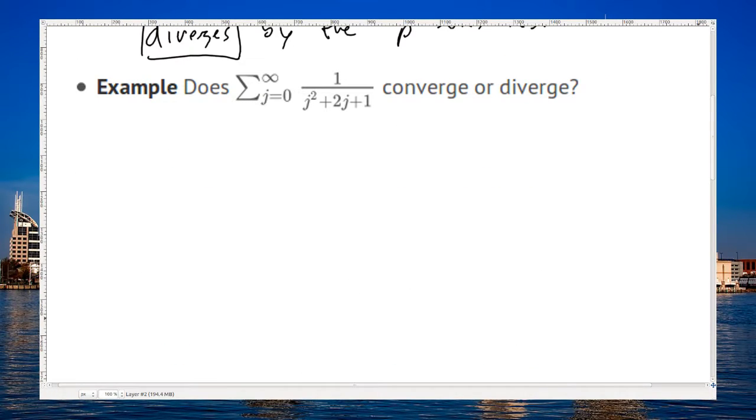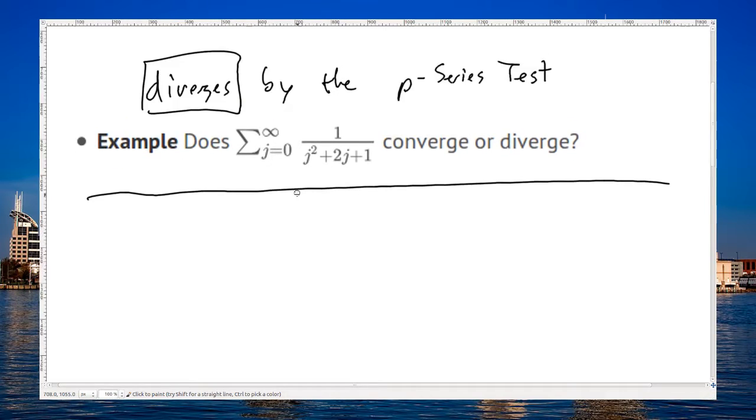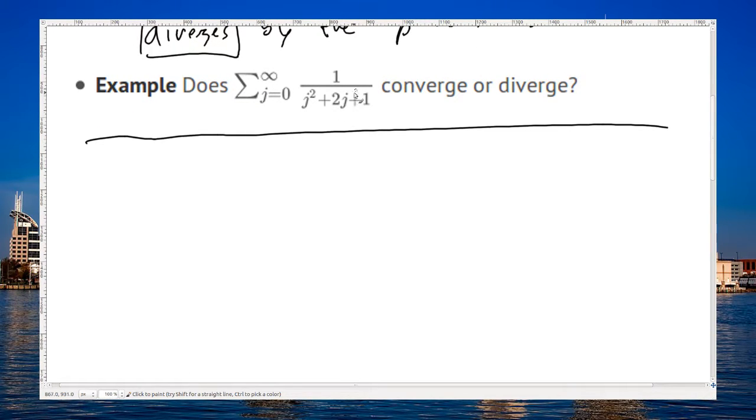Does this guy converge or does it diverge? Okay, well, I don't really recognize this as a p-series, and I don't think there's any way I can get it to look exactly like a p-series, except maybe I could do some reindexing. Okay, what is this bottom here? That's just 1 over, that's j plus 1 squared, right? And I want to make this look like a p-series.